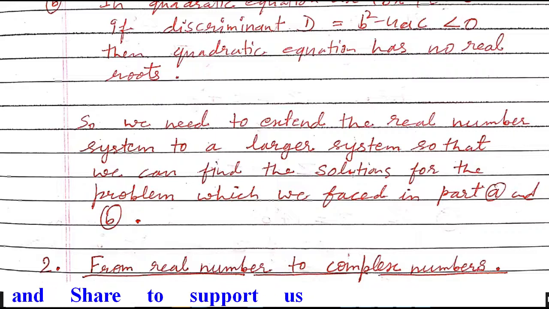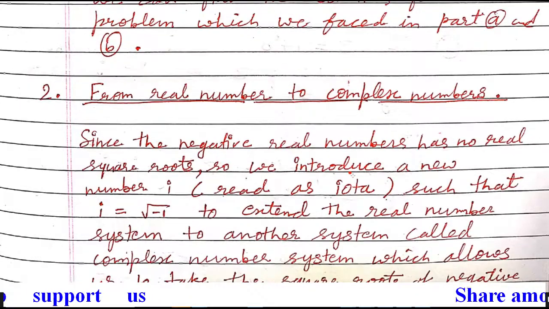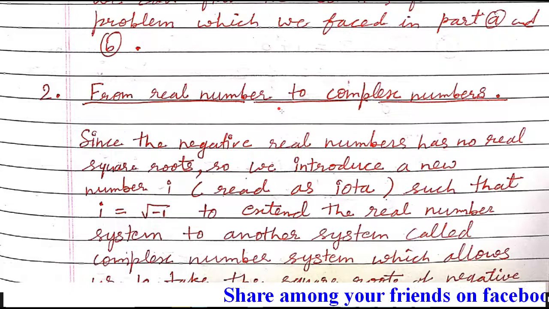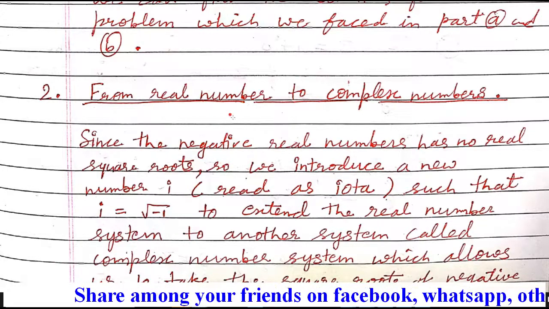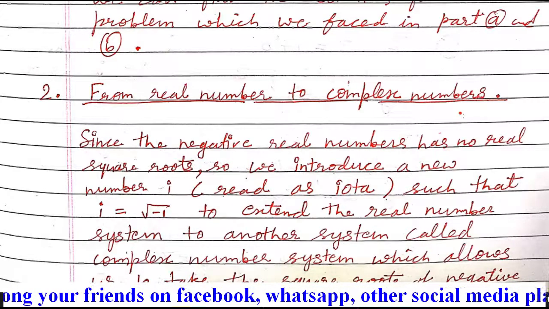Now which system, that we have to find out. For that we move to the second point of this chapter, from real numbers to complex numbers. To remove the problems we faced in parts A and B, we have to find a new system that is named the complex number system.